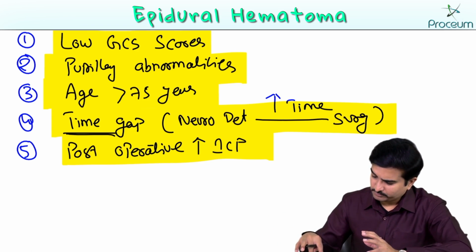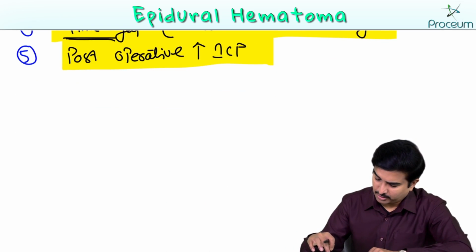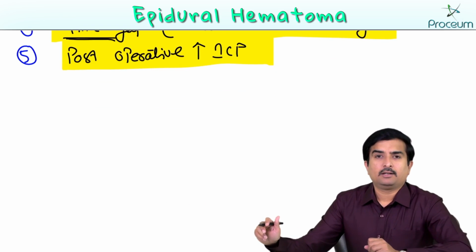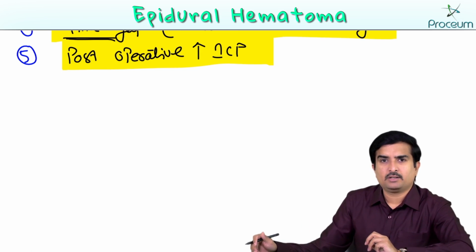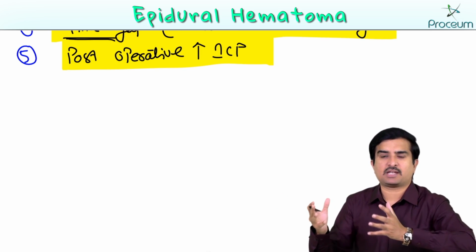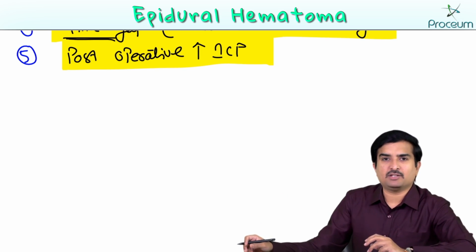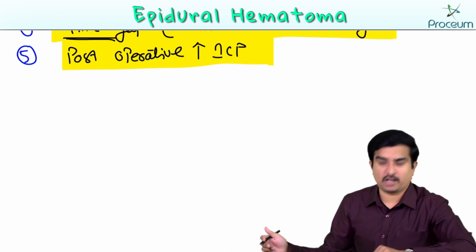Okay. Now let us concentrate on more points regarding this. In addition to all of these things we have studied till now, several studies have identified CT findings that correlate with a poor outcome.